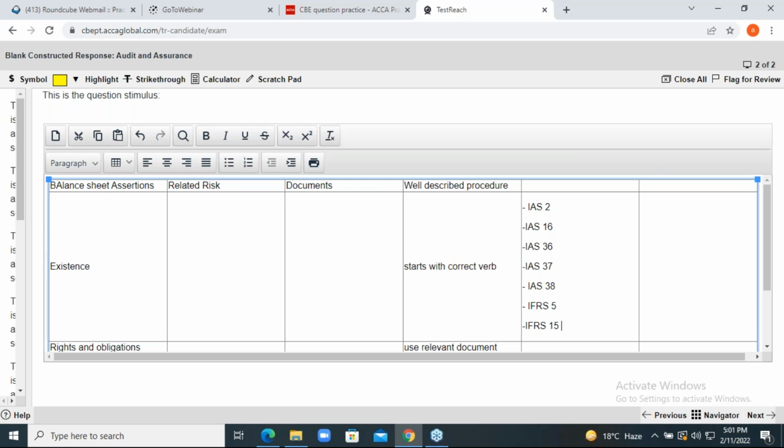You don't need to go into a lot of detail of these accounting standards. Just have a basic knowledge of them. You should just be aware of the relevant accounting implications according to IAS 2, according to IAS 16, just basics.